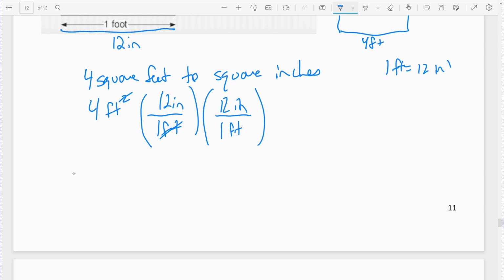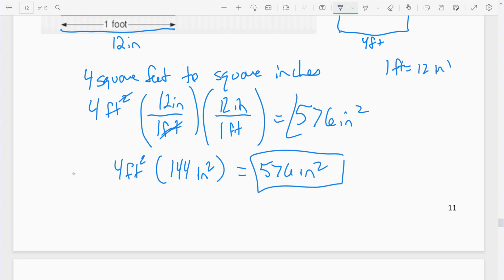And then there are 4 of them altogether. And so you end up multiplying your 4 feet squared by 144 inches squared. So you'll take your 4 times 12 times 12, or times 144. You should get the same thing. It should come out to 576 inches squared.